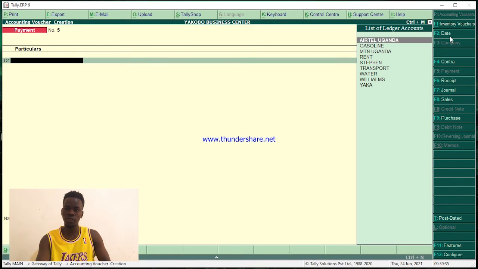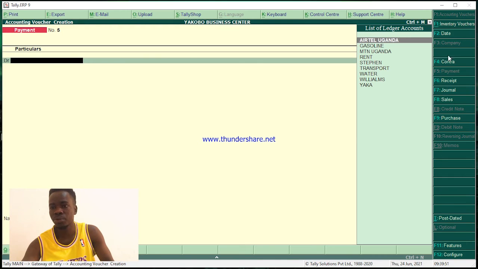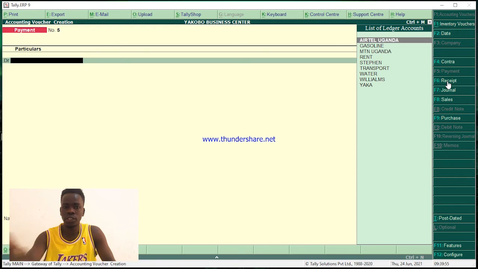What we're going to do next is the receipt. We're going to receive the money from those customers. So we're going to go for receipt. The shortcut is F6. So we're going to click F6 for receipt.